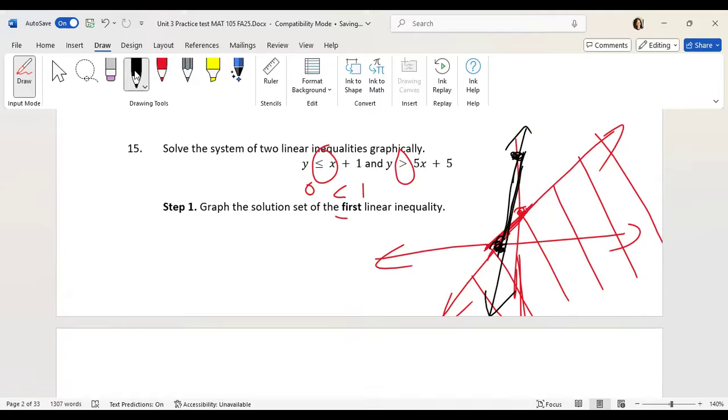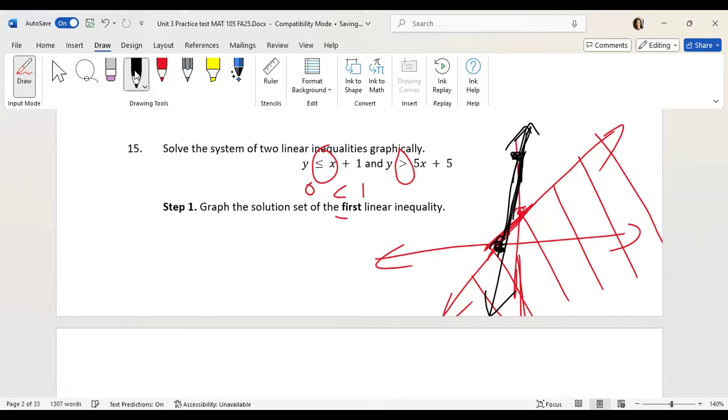The important thing is that the inequality is only greater than, so the points on the line are not included. In other words, I am supposed to use a broken line to draw that.